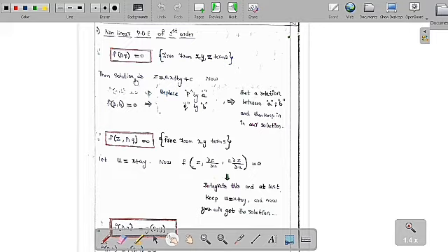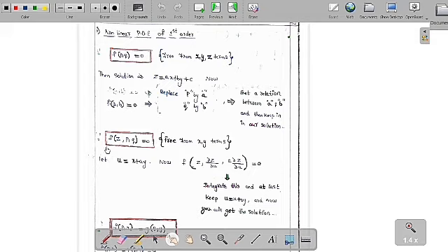The general solution of this partial differential equation is z is equal to ax plus by plus c, but here we replace p by a and q by b, so f of a comma b is equal to 0. Now you get a relation between a and b. Suppose I get a as some relation of b, substitute it in the above equation, then you get an equation in terms of only two variables, either a and c or b and c. This is called the general solution of this partial differential equation.